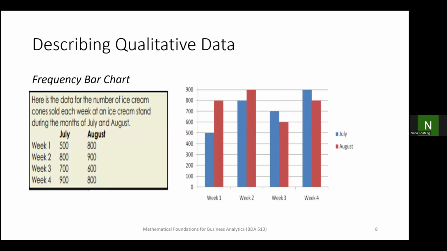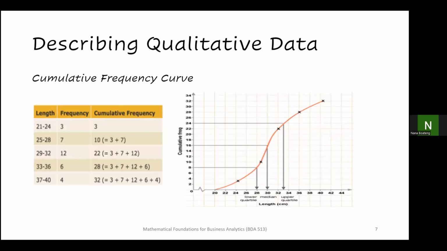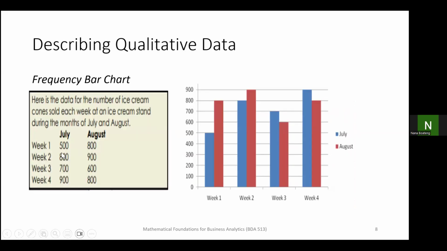If you realize, for qualitative data, normally we deal with counts. So you see here the frequency, the one that we just did, these are the counts of the number of times a particular thing appears. Here too it is the same thing, just that we are representing them in a bar plot, or a bar chart.